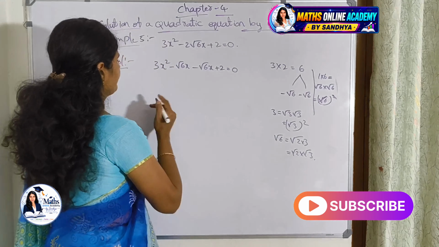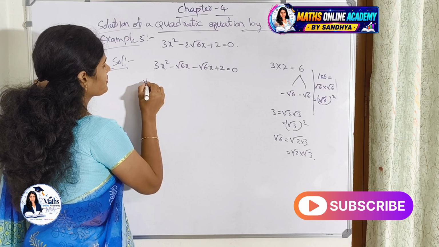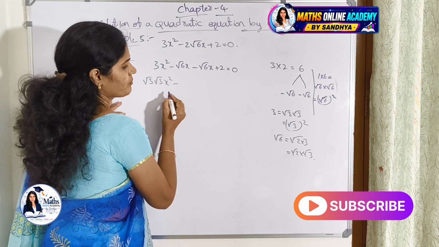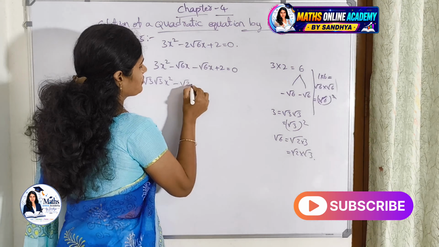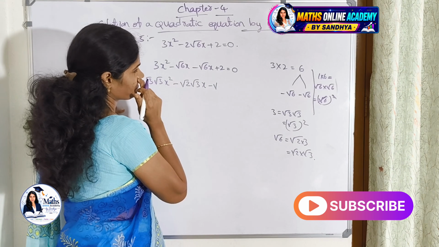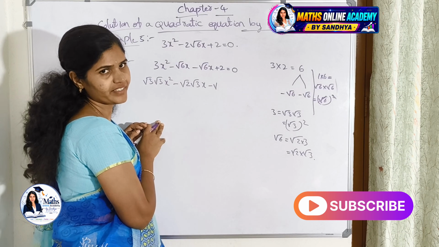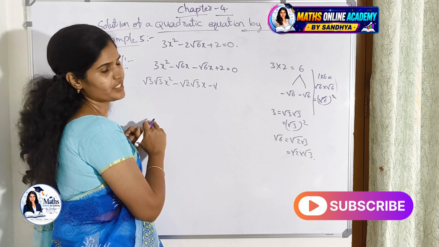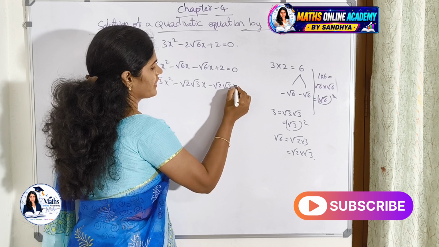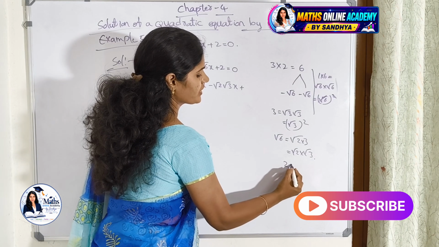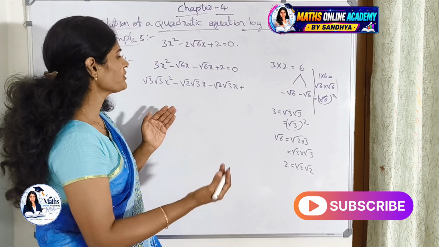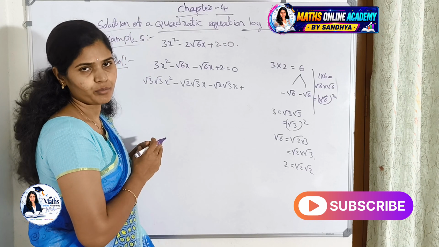Okay, write down root 3 into root 3 x square minus root 2 root 3 x minus, and here also you have to write the same, na? Root 2 root 3 x. For 2 also you can write root 2 into root 2. Why are we writing root 2 into root 2? By taking the common part.